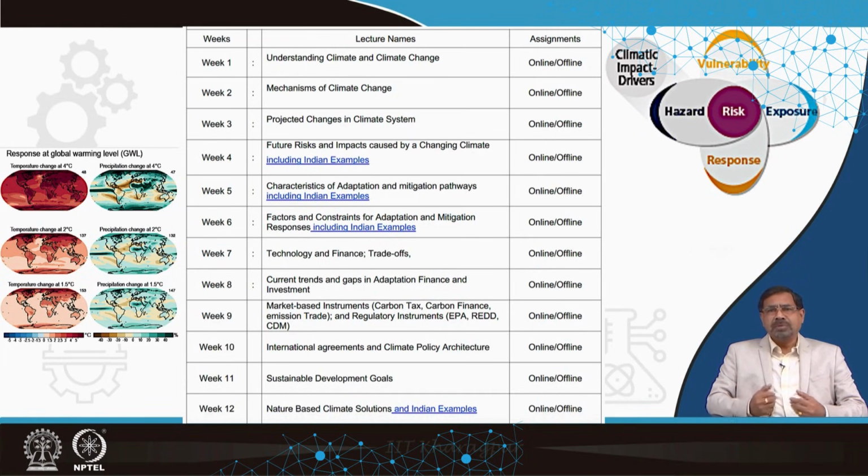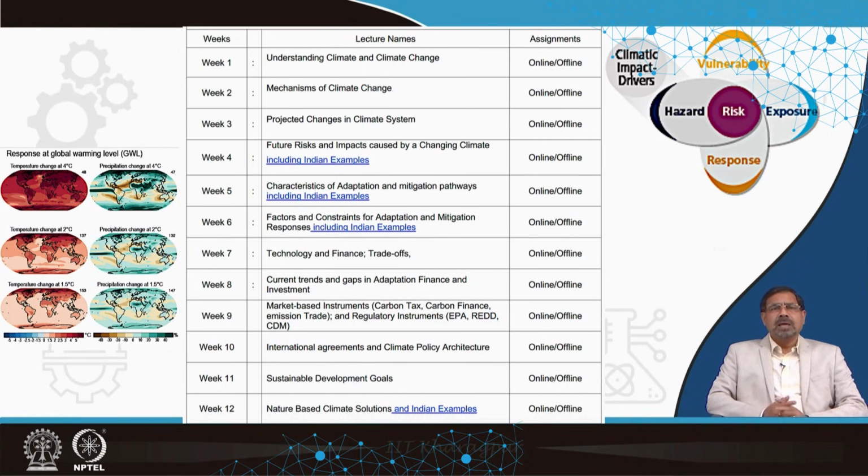So, how to capture the carbon from different point sources and take it to some other reservoirs of carbon, that is mostly underground, or you say the geological storage, or the oceanic or the marine storage. This component we will talk about in terms of the technological aspect, and the next component we will talk about the finance. So, what are the financial mechanisms and the trade-off between the technological innovations or technological routes and the finance.